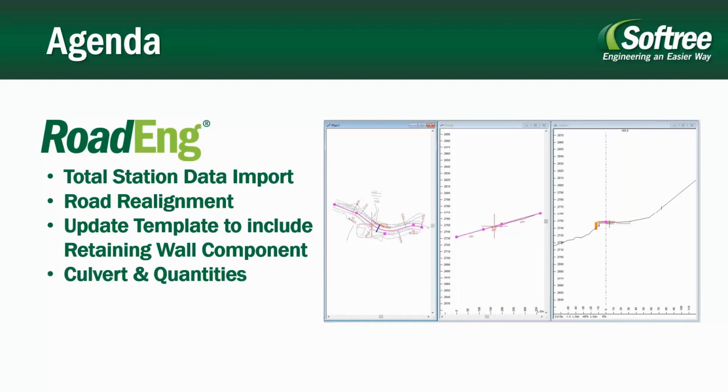We'll definitely address how a culvert gets designed, and we'll go through how you can calculate your earthworks quantities in the software. And finally, we'll quickly create an output sheet in RoadEng's intuitive report builder. And without further ado, I will now pass over my screen to Emmanuel.